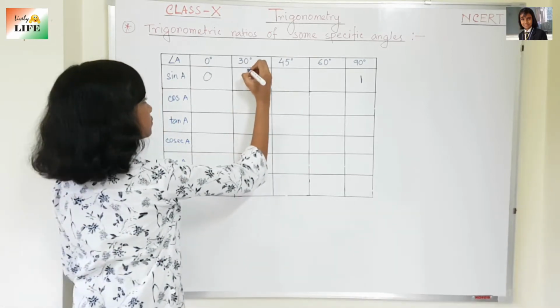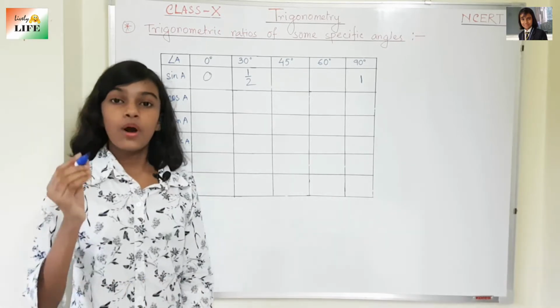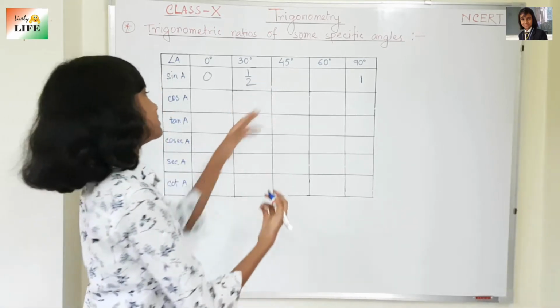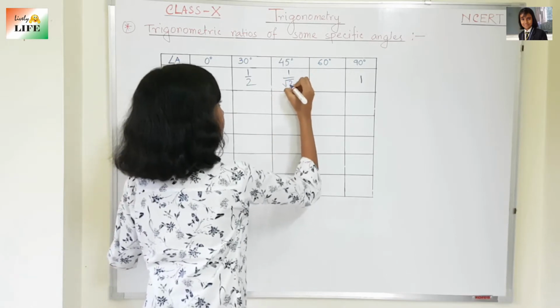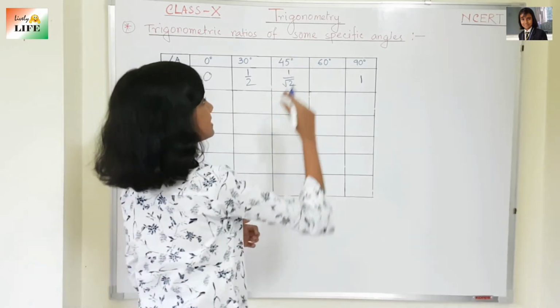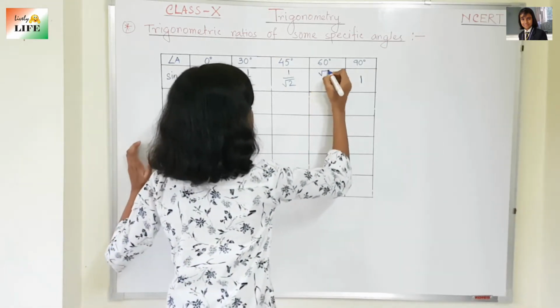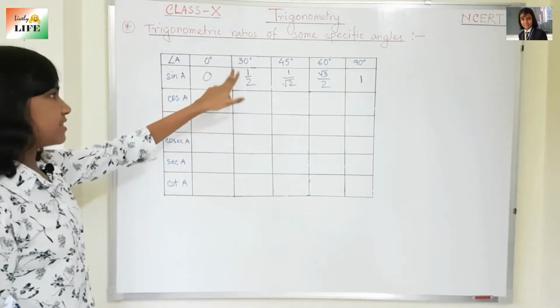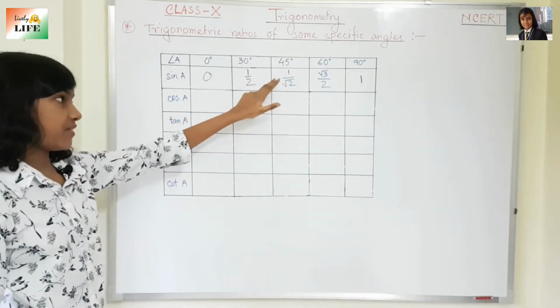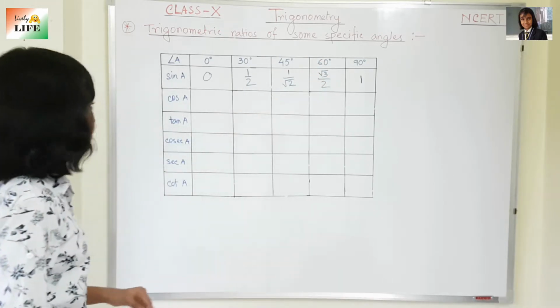Sine 45 is 1 by root 2. Sine 60 degree is root 3 by 2. So what you have to remember: sine 30 is 1 by 2, sine 45 is 1 by root 2 and sine 60 is root 3 by 2, okay?